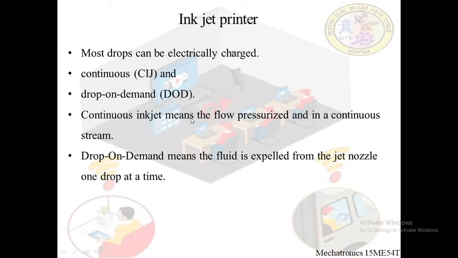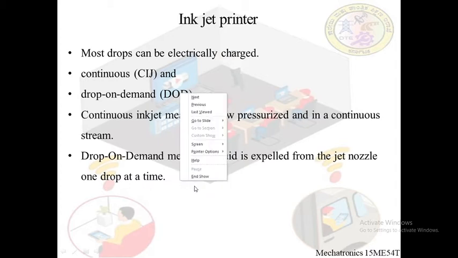Continuous inkjet means the flow is pressurized and in a continuous stream. There is no intermittent flow in the continuous inkjet type printer, and the printing speed is very high. Whereas in drop on demand, the fluid is expelled from the nozzle drop by drop, one drop at a time.